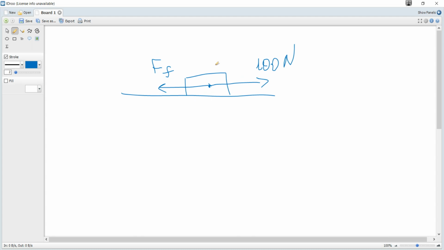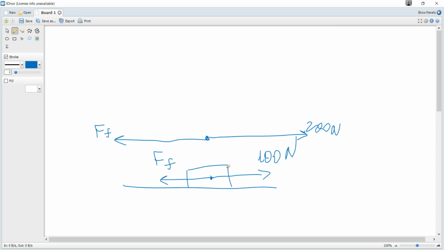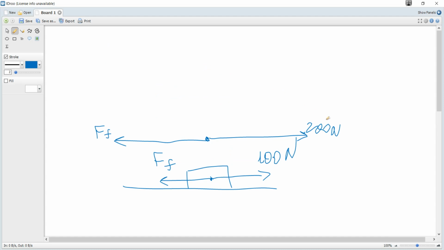You apply 200 newtons and it also doesn't move. What does it mean? This 200 newtons force is also balanced by the frictional force, and at some value of the thrust or driving force, it just begins to move.